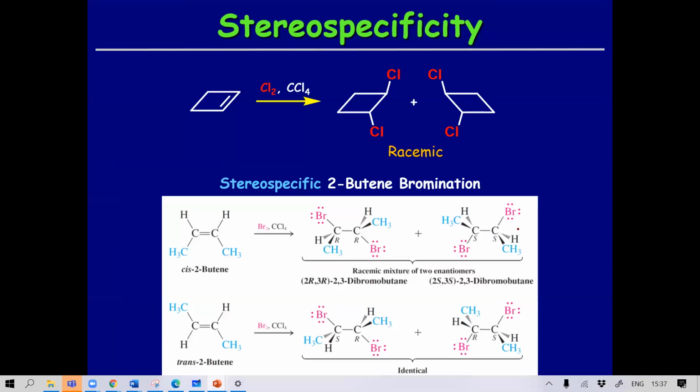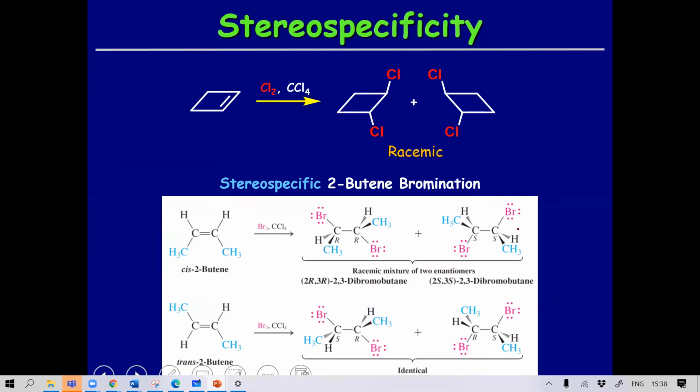Now, some reactions might then be slightly stereospecific. Okay, but this is only a kind of mistake, not because the reaction wants to be. So here we have two reactions, and we're going to see that we're going to get RR and SS.